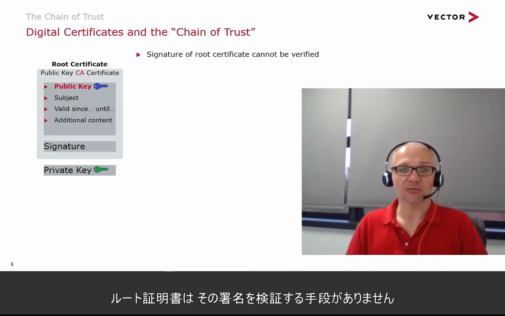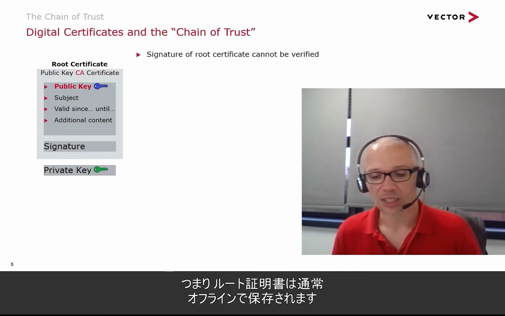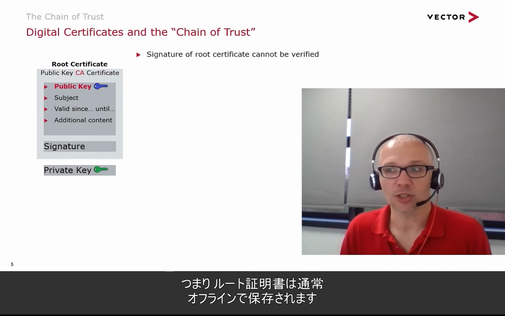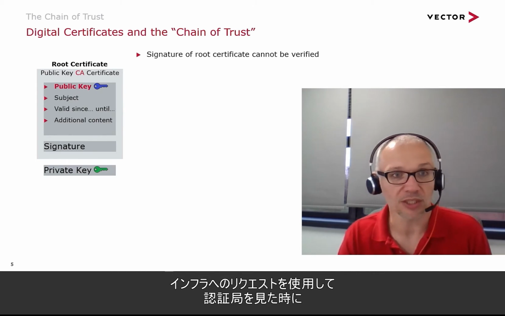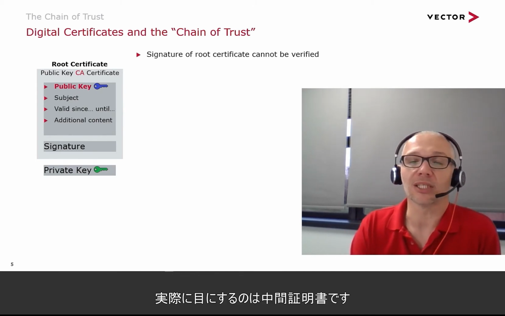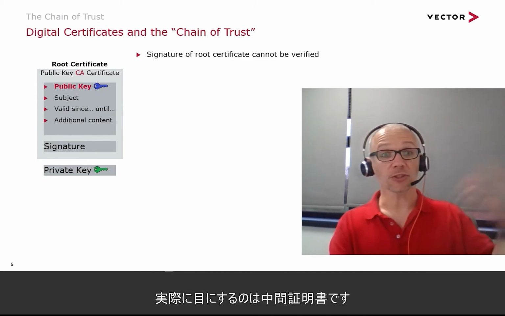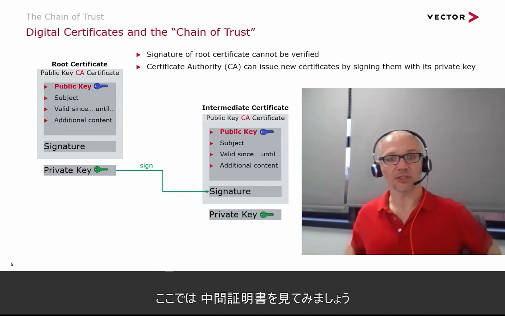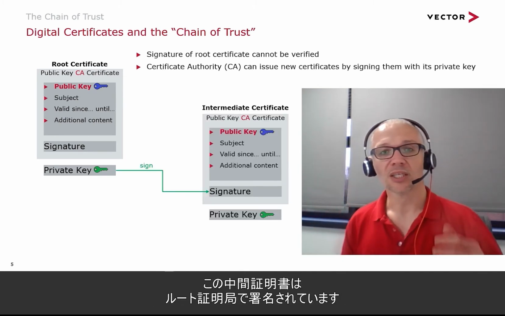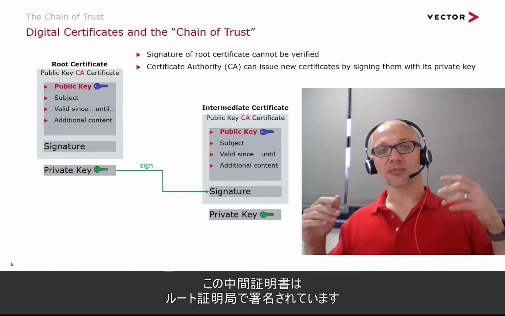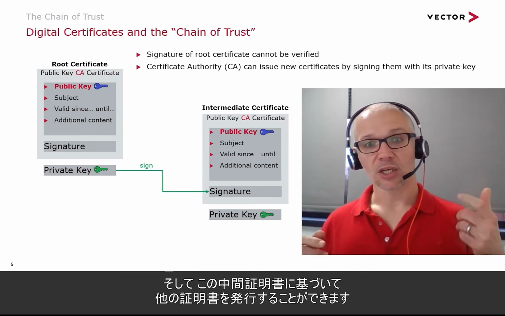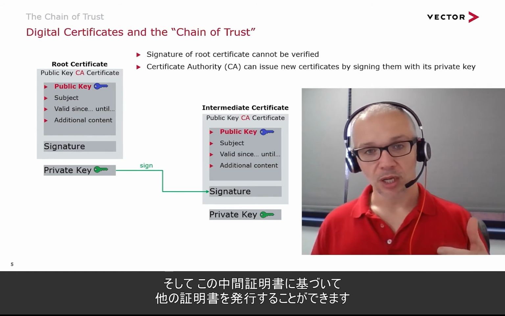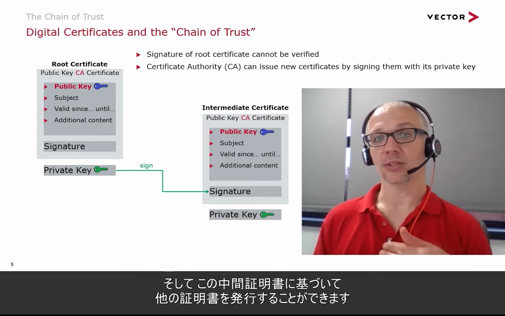Now the root certificate, we have no way to verify the signature of this, and this means that root certificates are typically stored offline, and what we actually see when we look at a certificate authority using requests to their infrastructure is an intermediate certificate. So here we see an intermediate certificate. This intermediate certificate is signed with the root certificate, and we're then able to issue other certificates based on this intermediate certificate.